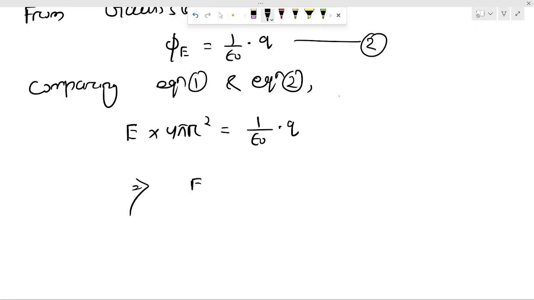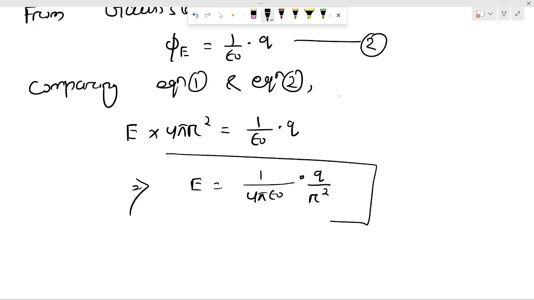I can write E from here as 1 upon 4 pi epsilon naught into Q upon r square. See, I have just arranged it. Okay, E is equal to 1 upon 4 pi epsilon naught into Q upon r square.